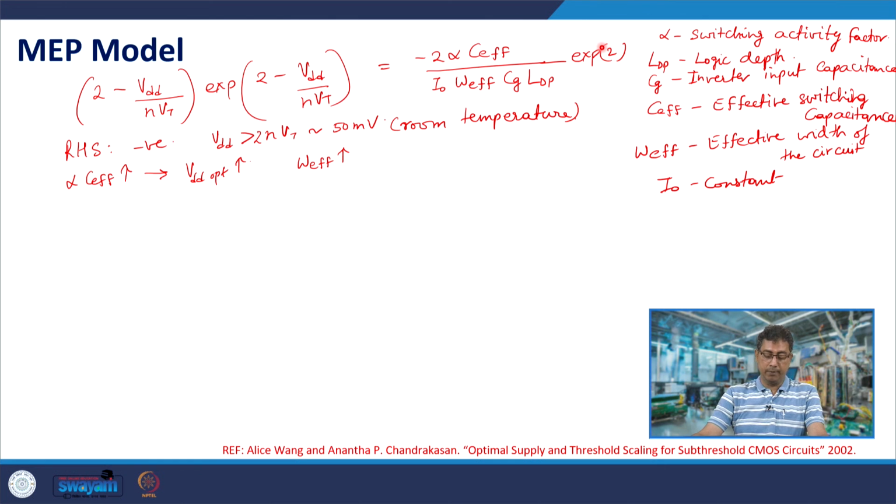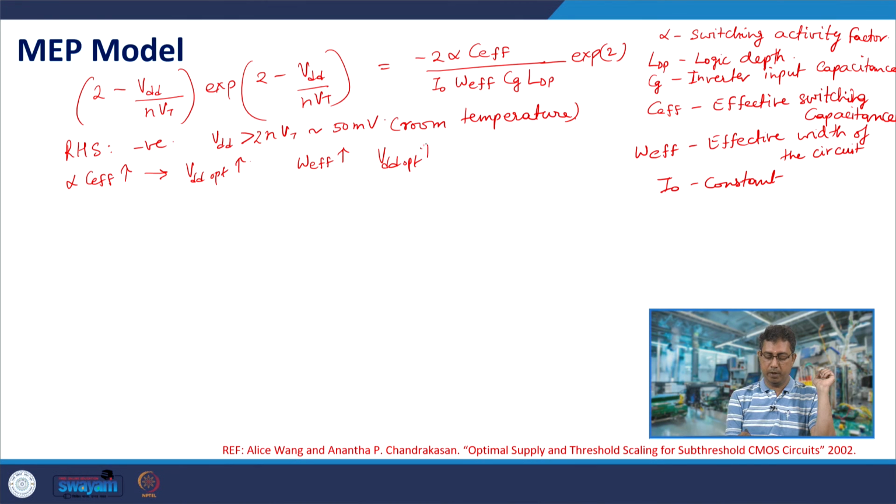So, let us see how this corresponds to our earlier discussion. When we increase the leakage currents, that is, you are increasing W effective for leakage, so you are increasing the leakage currents. If you increase the value of VDD, the dynamic energy increases, but the time period reduces.